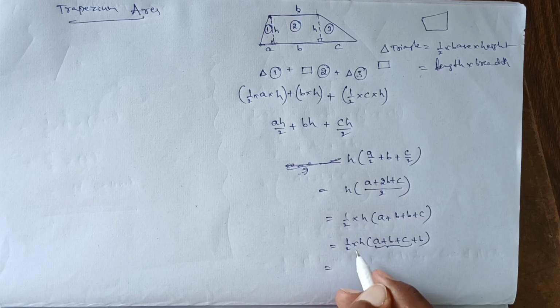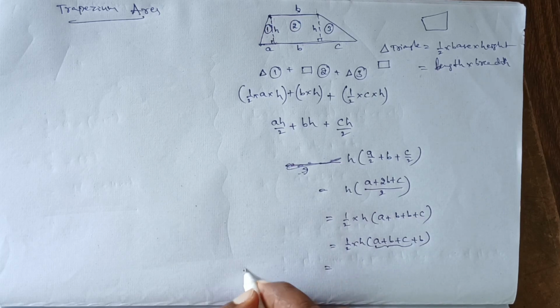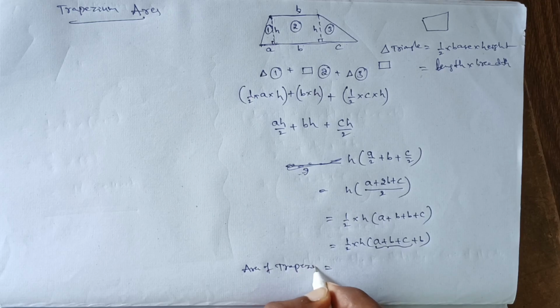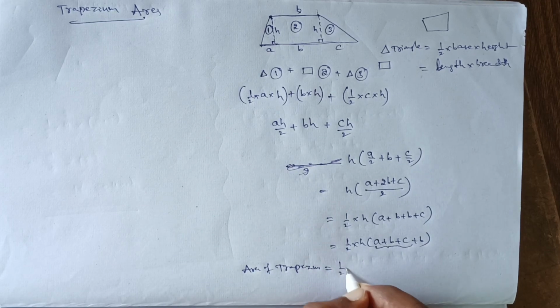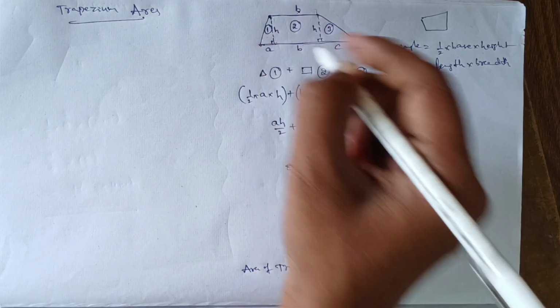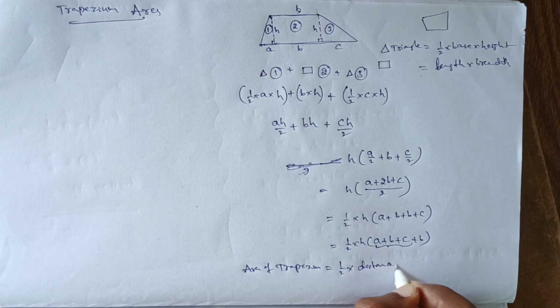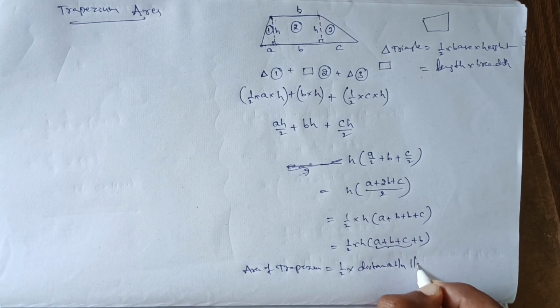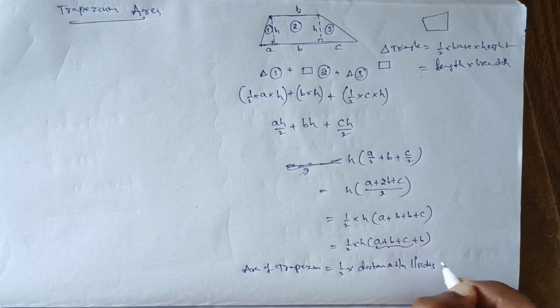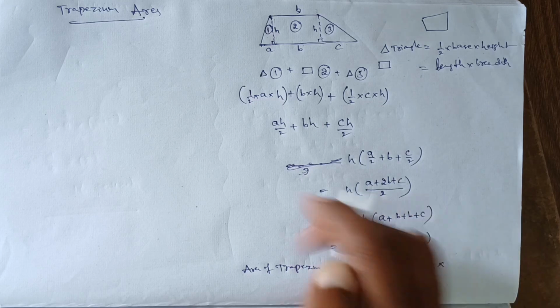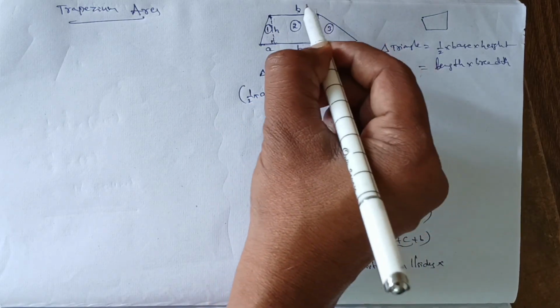So now I am writing the formula for the area of the trapezium. Area of trapezium is equal to 1 by 2 into h, where h is the distance between parallel sides, into a plus b plus c plus b.